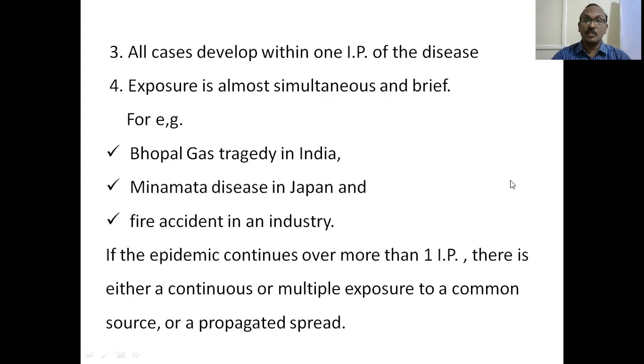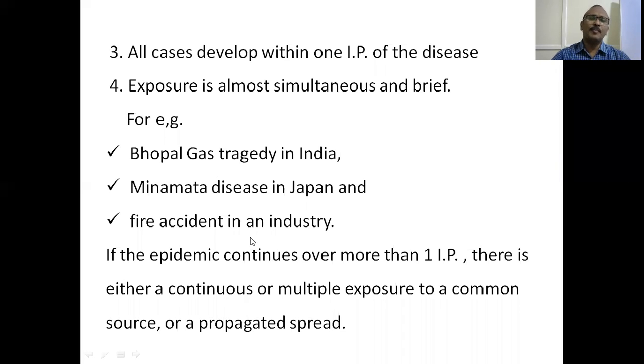These fish were intoxicated, having the poisonous material which the factory was dumping, that is methyl mercury. This Minamata disease causes ataxia, numbness, and various other neurological symptoms, a neurological deficit in people. So these are two classic examples of point source epidemic.